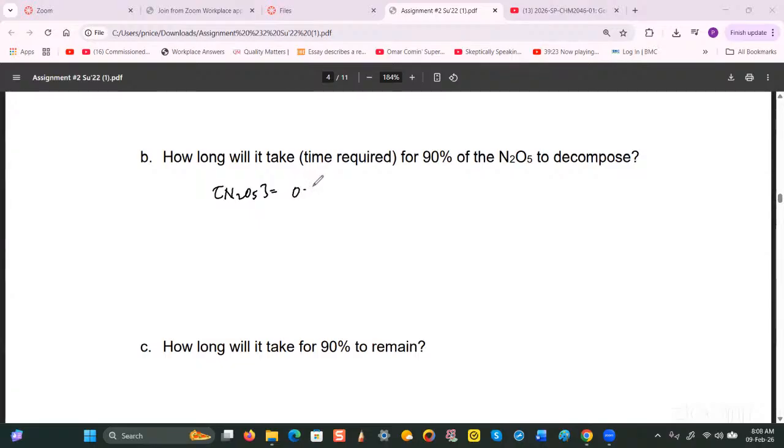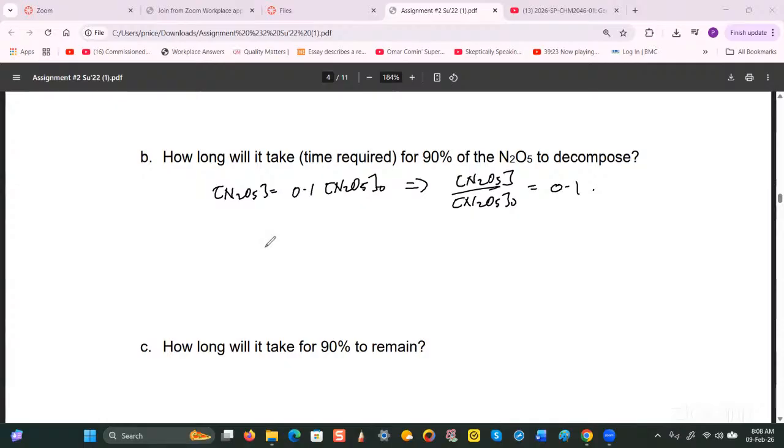So that would be 0.1 times the initial concentration of N2O5, which means the ratio between the concentration of N2O5 and the initial concentration of N2O5 will be equal to 0.1, right?